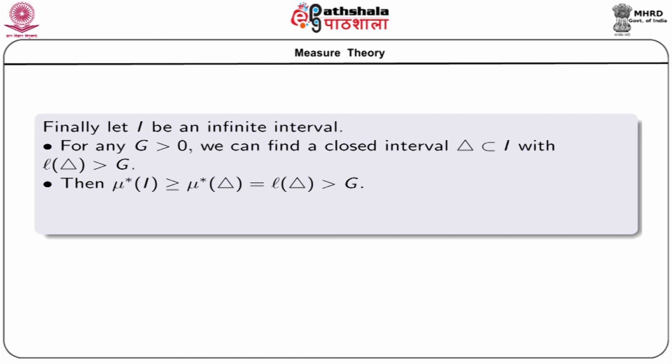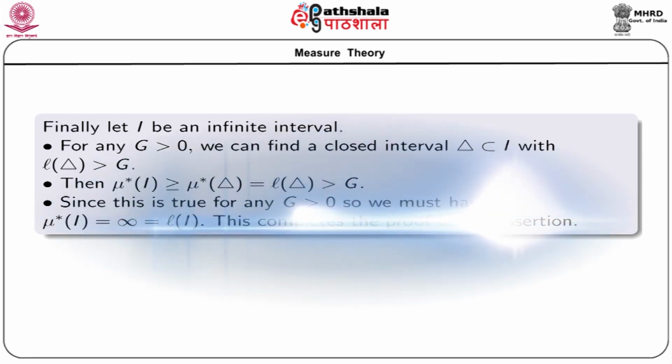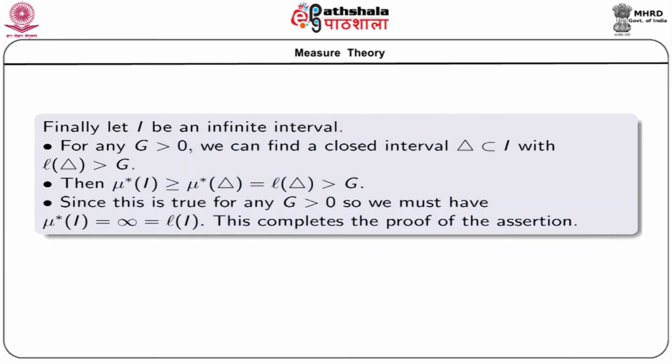And again by the first part, we already know that mu star of delta is equal to l of delta, which is greater than g. And this relation is true for any g greater than 0. So, we have mu star of I, a number which is greater than any positive real number. That is, we must have mu star of I equal to infinity, equal to again length of I, and this completes the proof of our assertion.